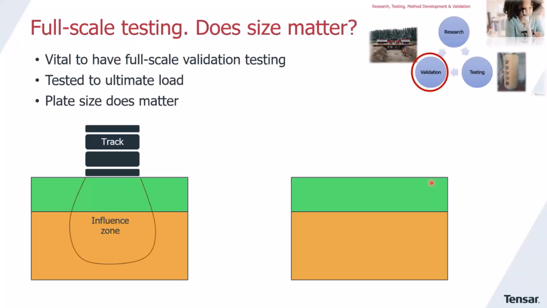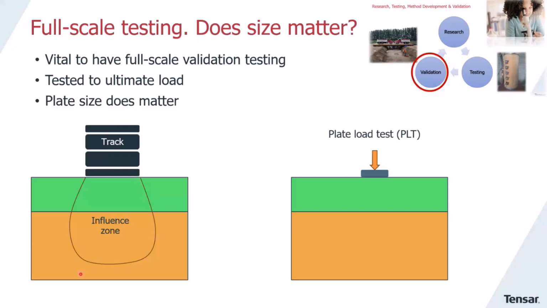I'm going to be showing you 3 validation trials, if I remember correctly. One of the important things we had to consider when devising these validation tests is the influence zone of the contact area of the testing equipment. In practice, a track can be 1 meter or even 2 meters wide.